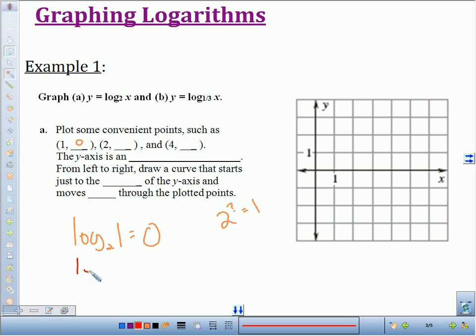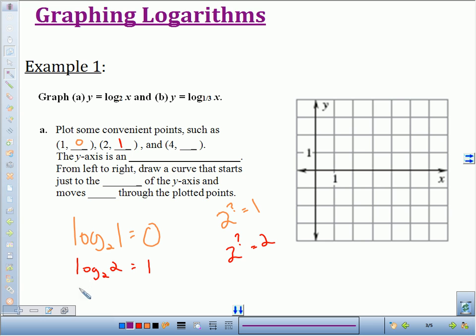If we had log base 2 of 2, again I would be asking what power do I raise the number 2 to get 2? And the answer to that is 1. So when x is 2, y is 1.